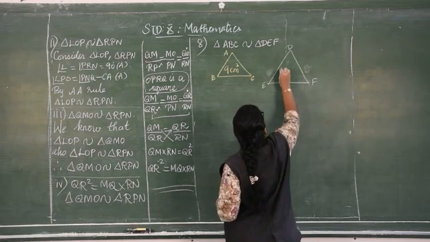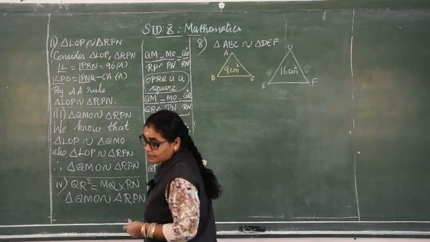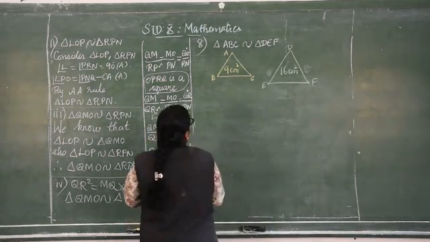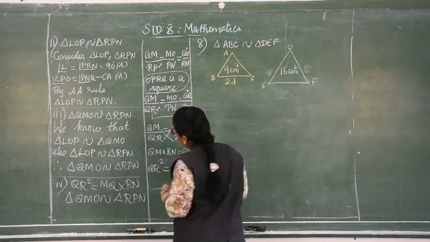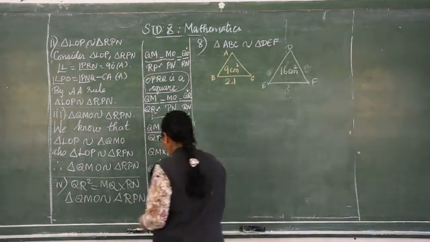This is 16 centimeter square and the BC is 2.1 centimeter and they are asking EF. So this is the thing they are asking.